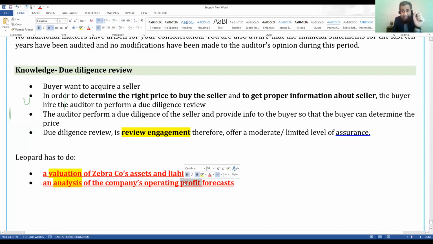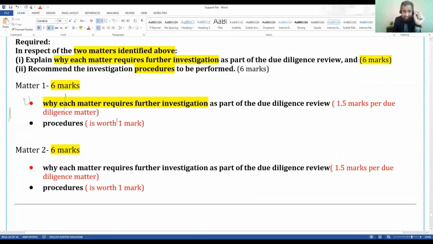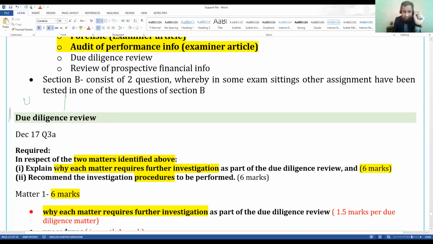Now, why is each matter important? Because in every matter, there could be something which affects the valuation, and something which affects the profit forecast. When the examiner asks why each matter requires further investigation, probably it is because the matter would be affecting the valuation of the asset or liability, or the operating profit forecast.